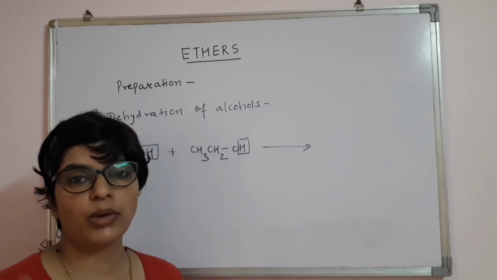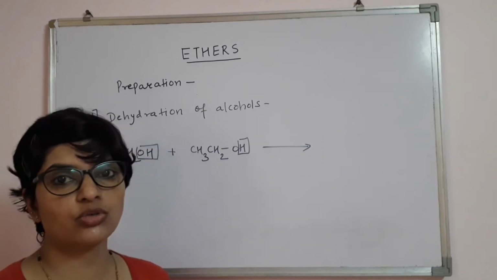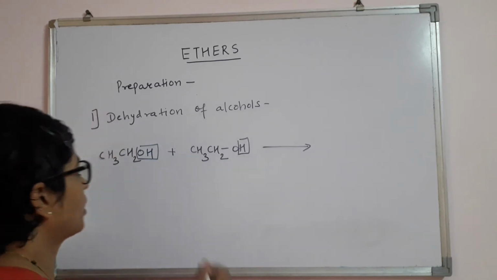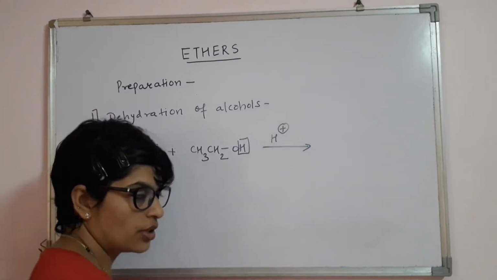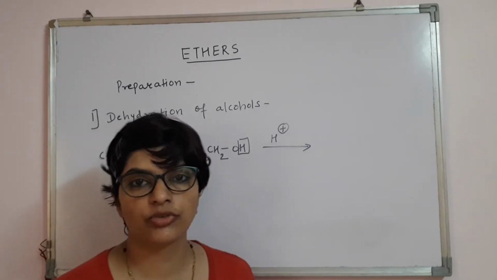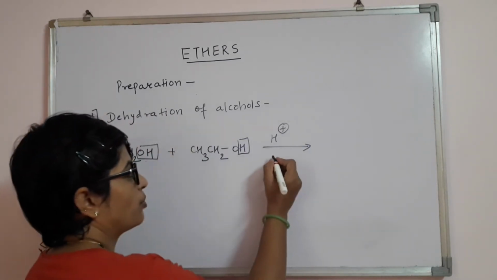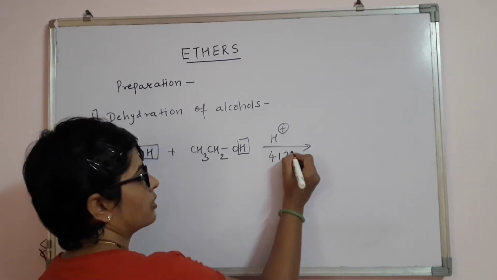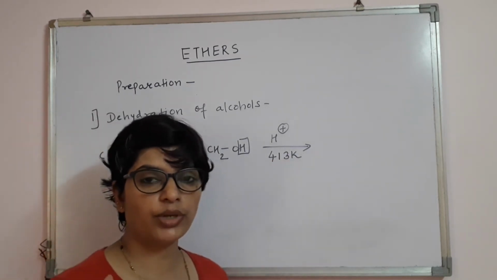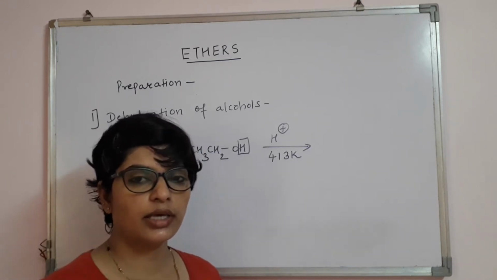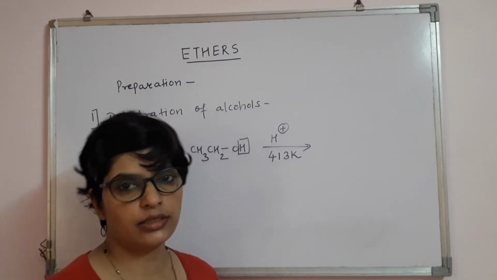So it is going to be a bimolecular reaction because two molecules are participating, and this happens in the presence of a very good dehydrating agent, concentrated H2SO4, at a temperature of 413 Kelvin. We have to remember this temperature because if the temperature becomes very high, then the products will be alkenes.